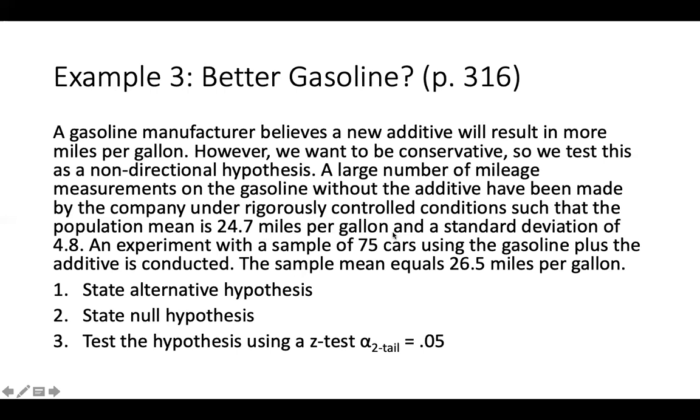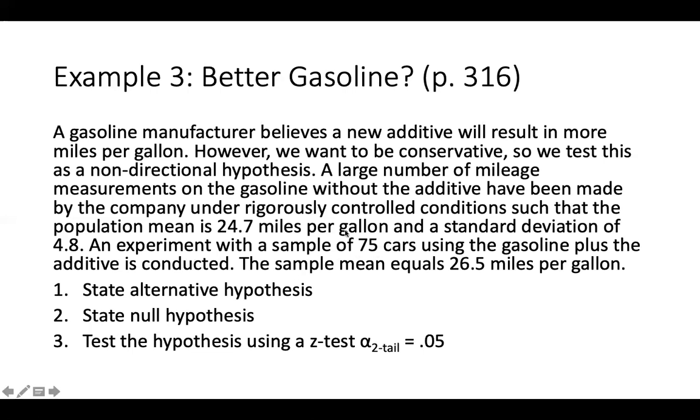So this is basically for cars or driving, and a standard deviation of 4.8 miles per gallon. So we let 24.7 be mu, our population mean, and 4.8 be sigma, our population standard deviation.